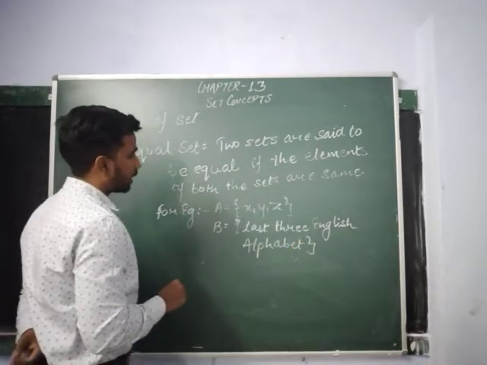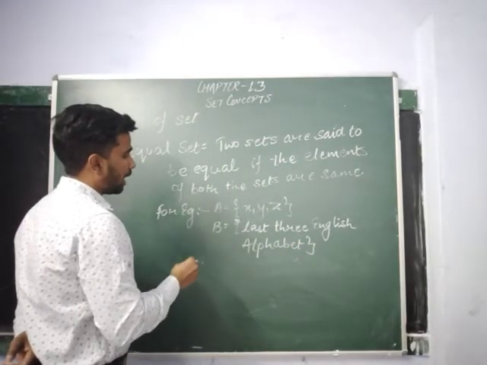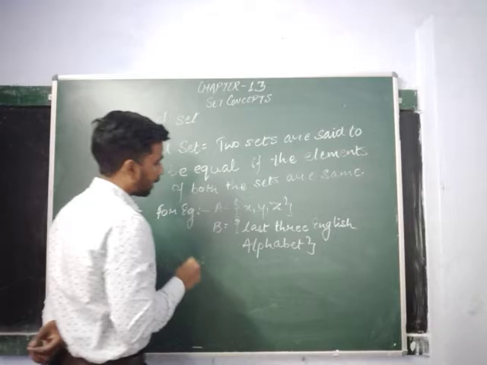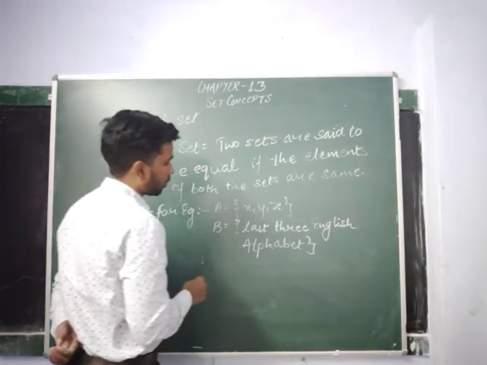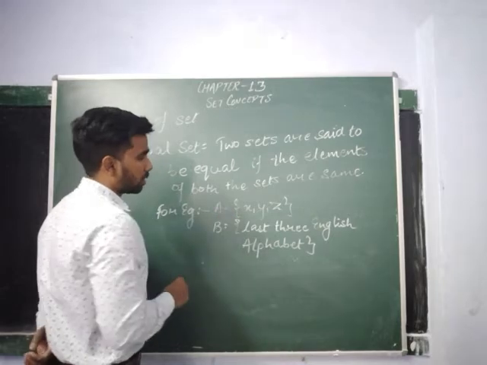Okay, so set A is containing alphabets X, Y and Z, and set B is also containing last three English alphabets, which is X, Y and Z only.